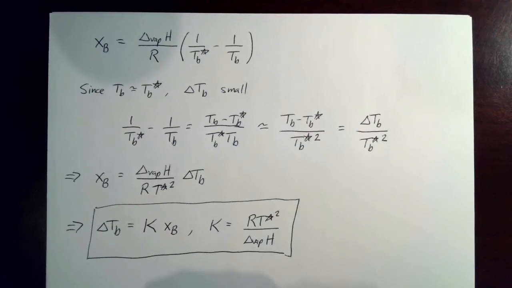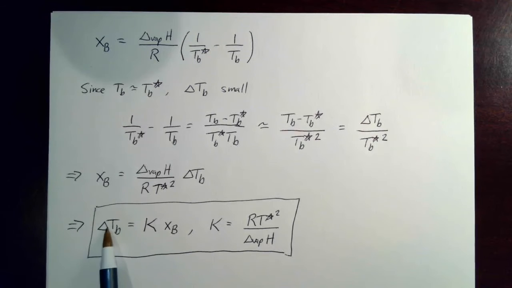And this is an equation that shows us that the change in the boiling temperature is proportional, with K as a constant of proportionality, to the mole fraction of the solute. So we add more solute, the boiling temperature changes more.